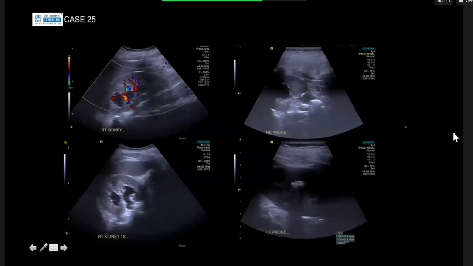And in the last view, I appreciate this is of bladder, of left kidney, left kidney in prone position.